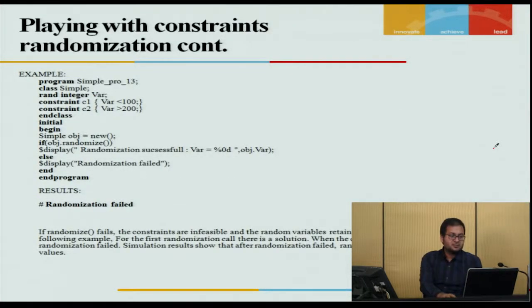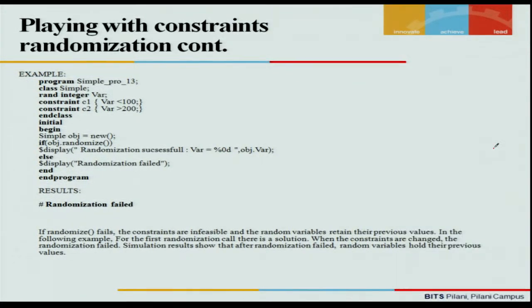In this example, there is a class simple in which you have a randomized integer variable with two constraints, C1 and C2. The first constraint is that var should be less than 100. The second constraint is that var is greater than 200, in the same class. In the initial begin, you create an object of simple and call object.randomize.